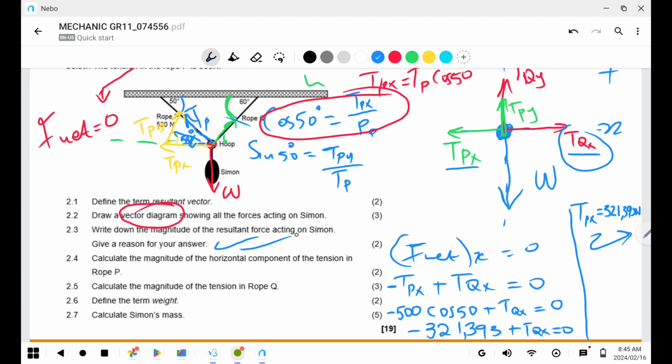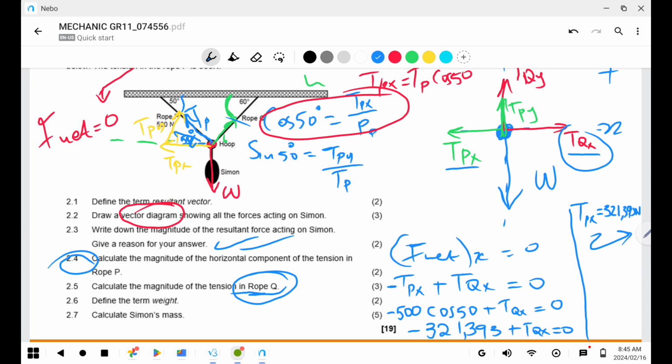And I can see that it was given 2 marks. That is fine. And then the other one says calculate the magnitude of the tension in rope Q.